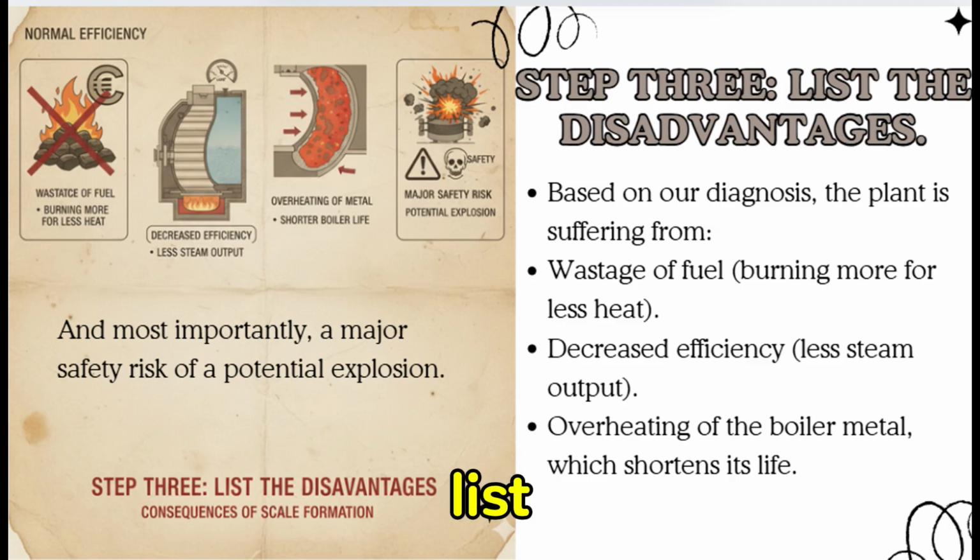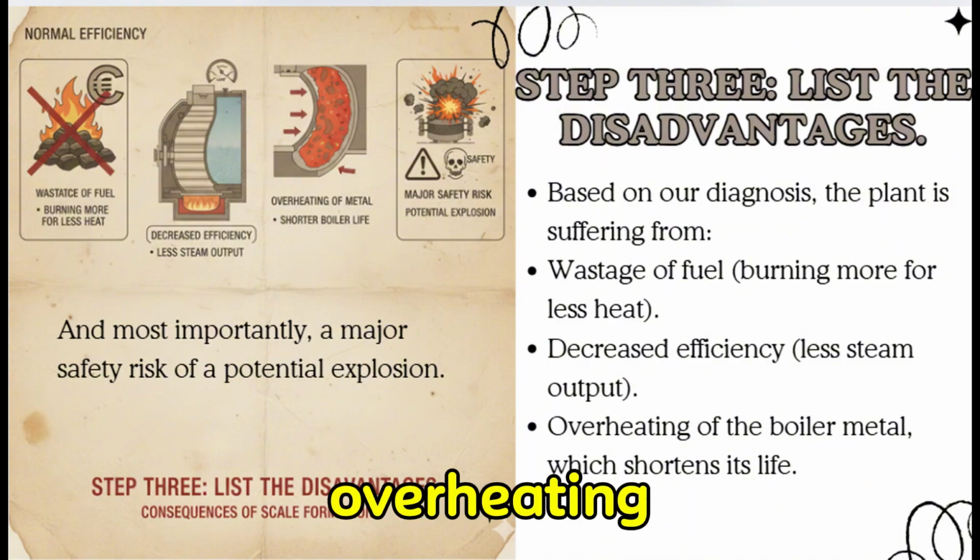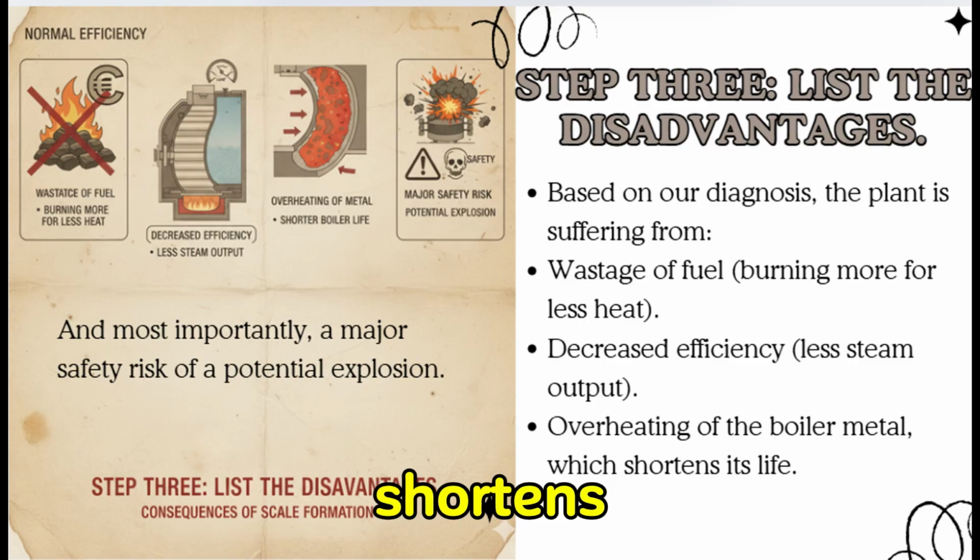Step 3. List the disadvantages. Based on our diagnosis, the plant is suffering from wastage of fuel, burning more for less heat, decreased efficiency, less steam output, overheating of the boiler metal, which shortens its life, and most importantly, a major safety risk of a potential explosion.